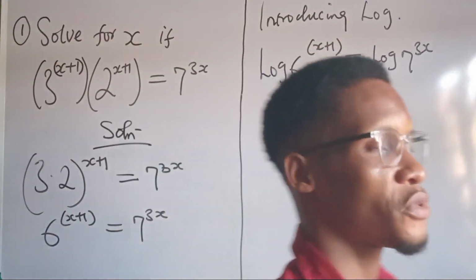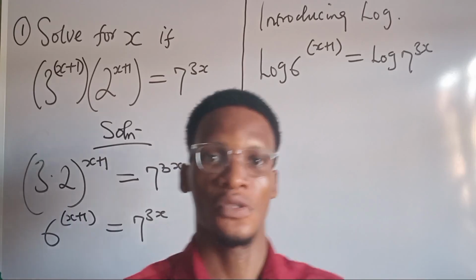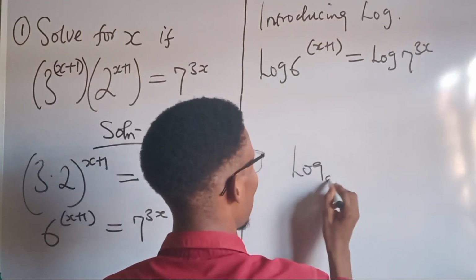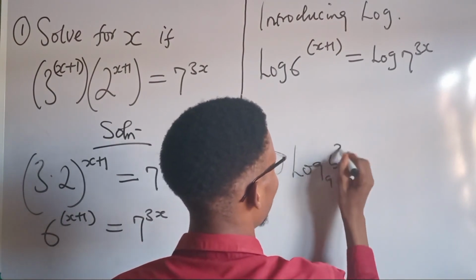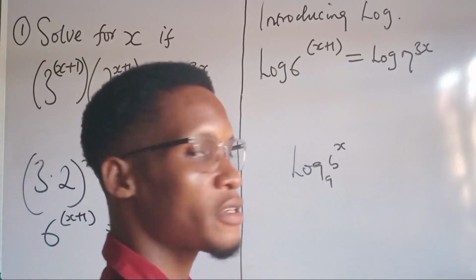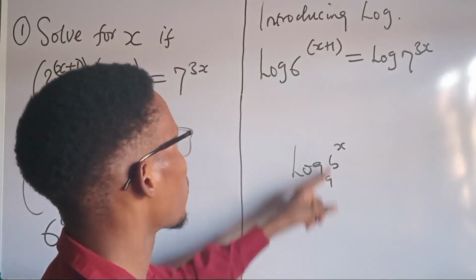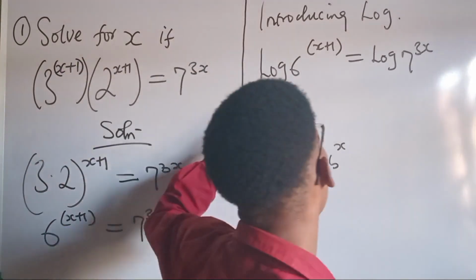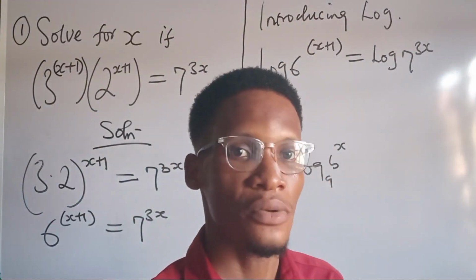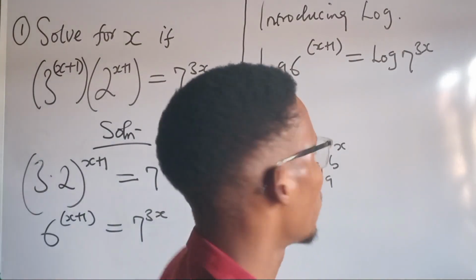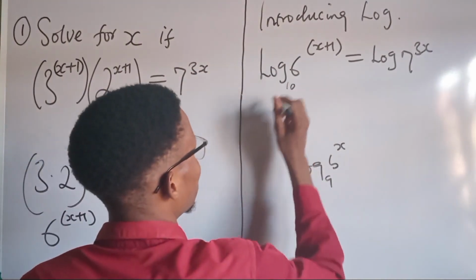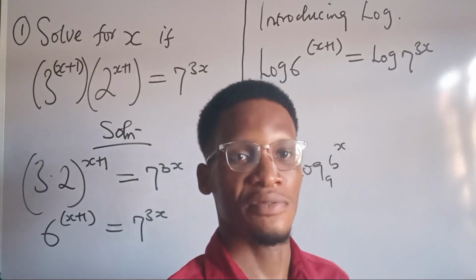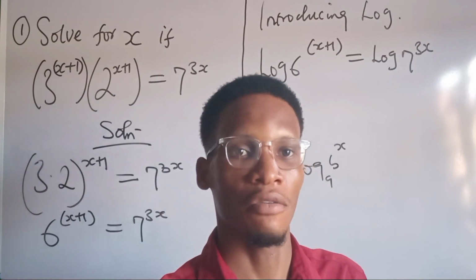I also told you that there is a law of logarithm that says if you have log of a raised to the power x, for you to simplify something like this, you know this is of this form, this is having a base of 10. No need to write it since you already know that any log of this form has base 10.